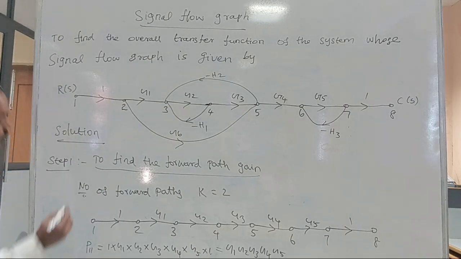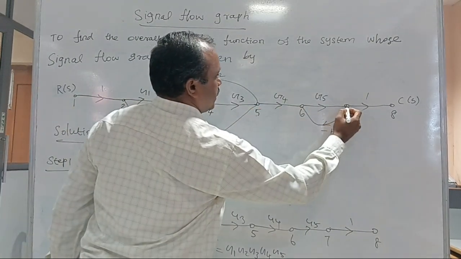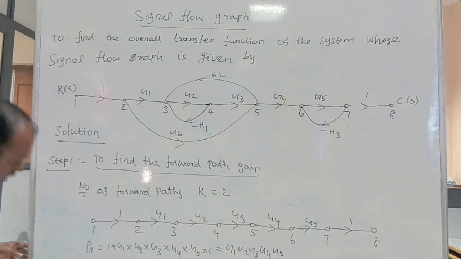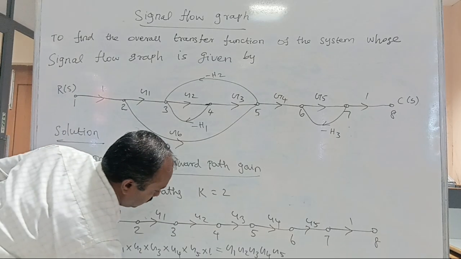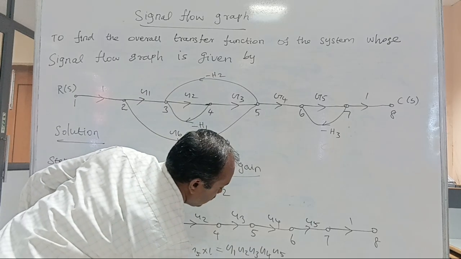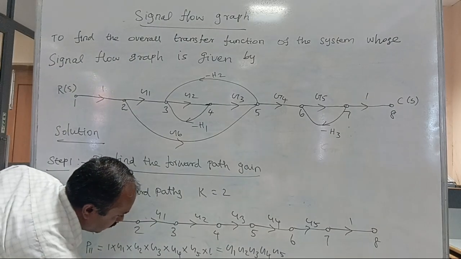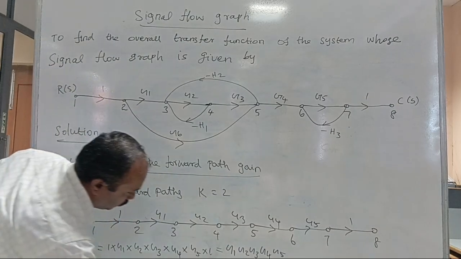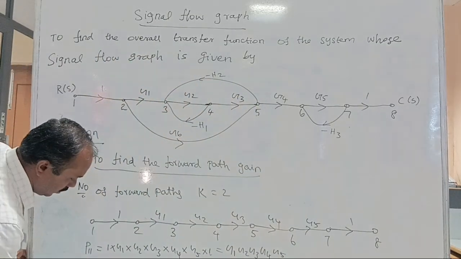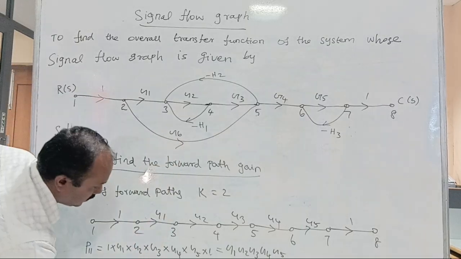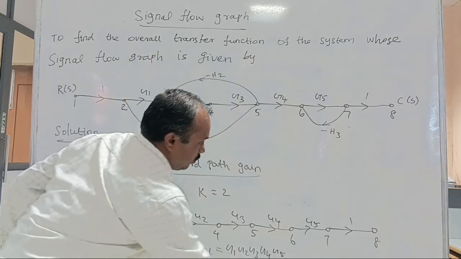Then the second forward path goes from 1, 2, then again 5, 6, 7 and 8. The gains are 1, G6, G4, G5, 1.